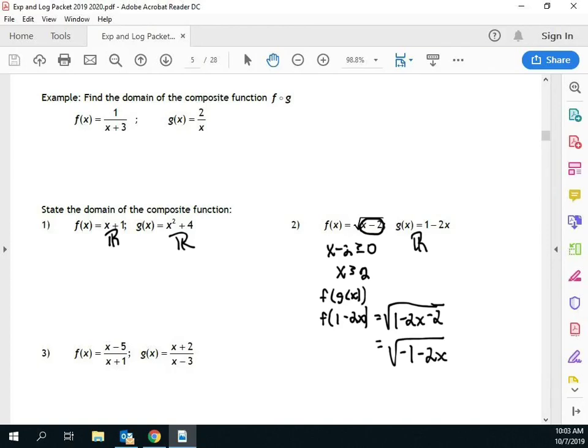What x values can I not use? How do I find that? Johnny? This function right here, the negative 1 minus 2x, has to be greater than or equal to 0. So we solve.